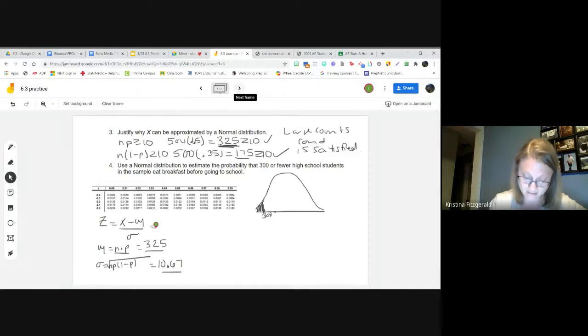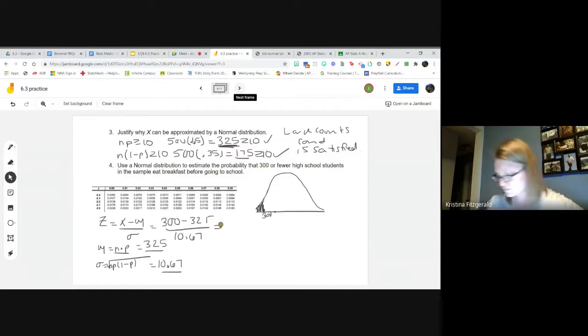So that's my mean and standard deviation that I want to use for my z-score. If I plug all this in, 300 minus 325 divided by 10.67 is going to be negative 2.34. Then we look that up on our z-score chart: negative 2.3 over to the 0.04 column.